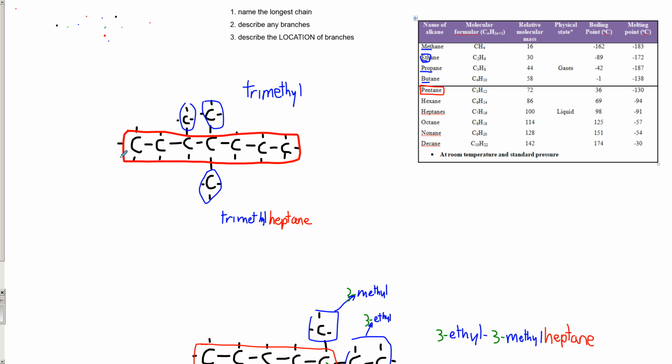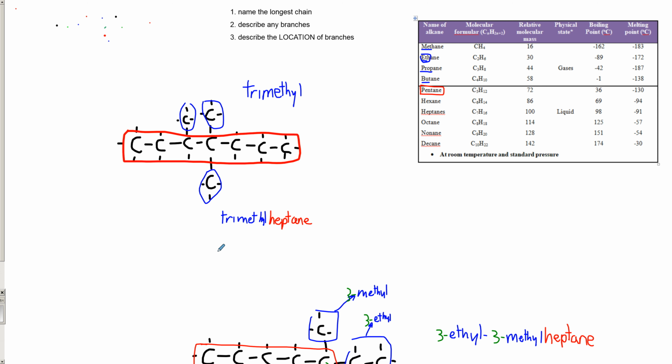Notice that I said 3 numbers there. I said 3, 4, 4. You have to put numbers for each of the branches. I can't just say 3, 4 trimethylheptane. Why? Because that doesn't tell me which one of the carbons has 2 methyls on it.